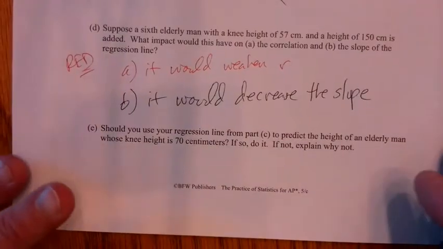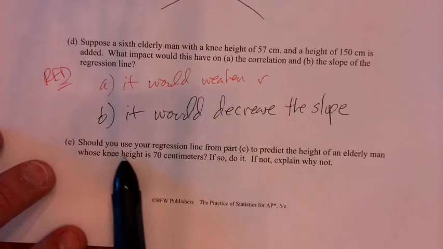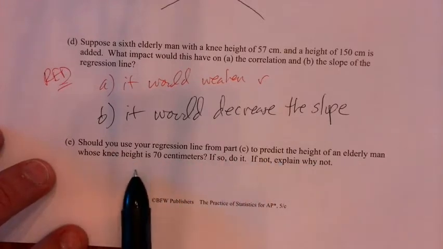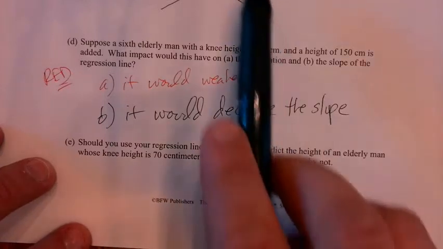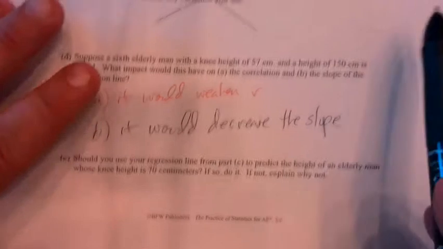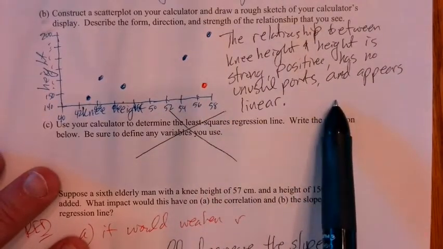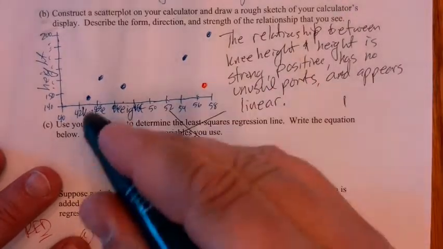Now this asks, should you use your regression line from part C to predict the height of an elderly man whose knee height is 70 centimeters? If so, do it. If not, explain why not. I didn't even find it, but look, 70. Here's 58. 70 is way up here. Think what that's going to do if I predicted it.